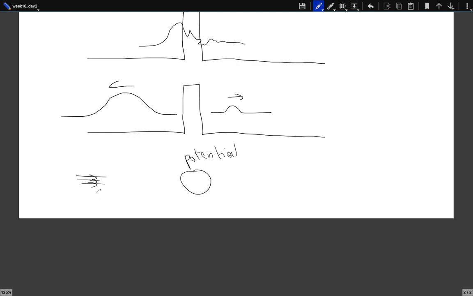I put a detector over here, and I put a detector over here. Classical physics tells me that none of these electrons should go to that detector. But quantum physics tells me that some of those electrons will go to that detector. Most of them will not go to that detector. They will just bounce back and they will be measured by this detector. That is what I will see in my detectors.